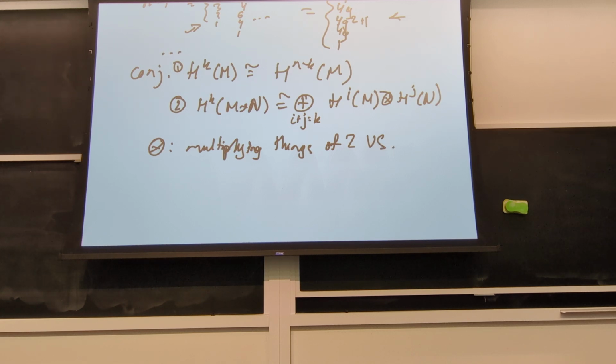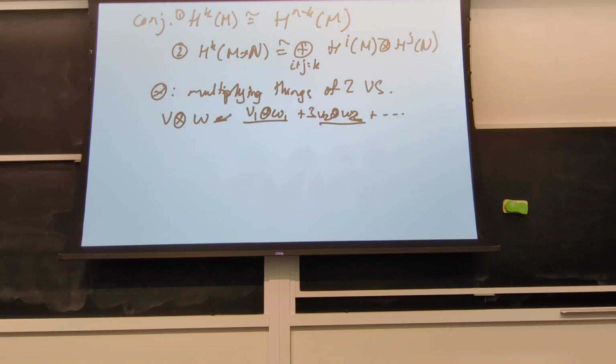Okay, so what does this mean? Let's say that you have V tensor W. So elements of this are going to look like V1 tensor W1 plus 3 V2 tensor W2. And so you can have formal linear combinations of just products of these guys.